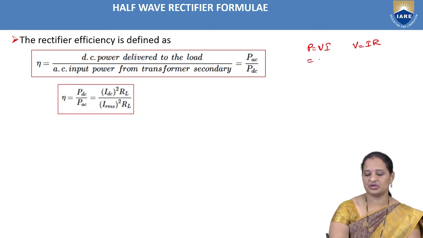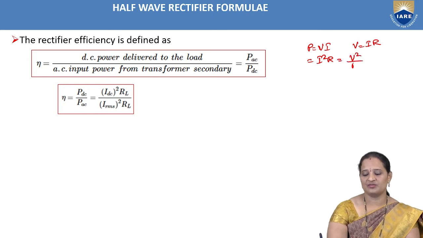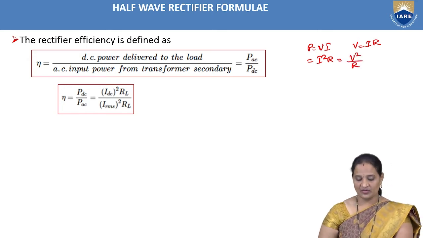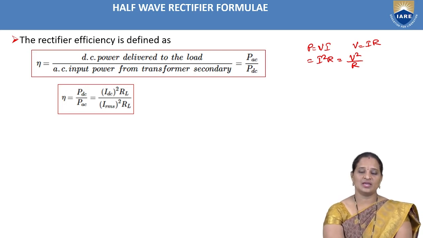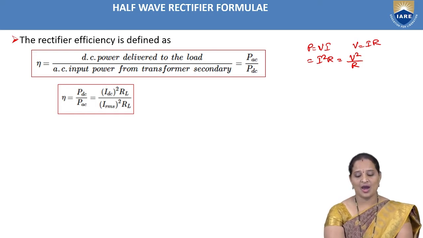So substituting, we get I square into R, or we can also write this as V square by R. That is why PDC, the DC power delivered to the load, is given by IDC square into RL, and PAC is given by IRMS square into RL.